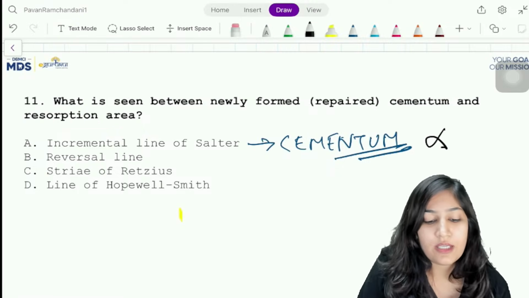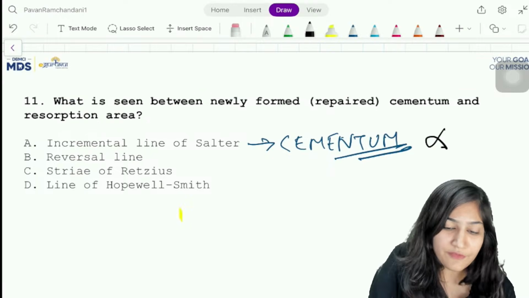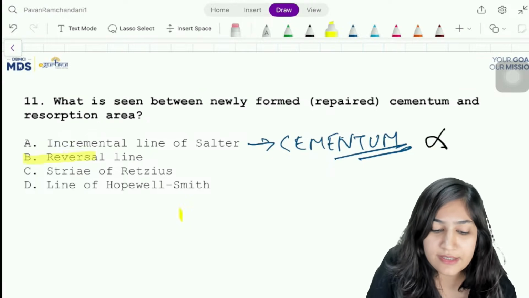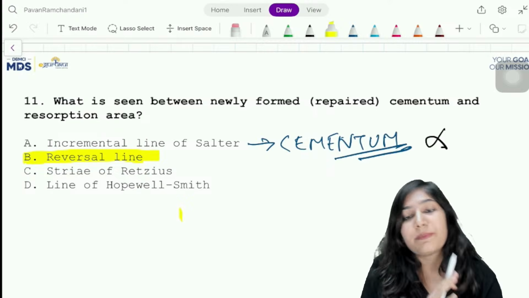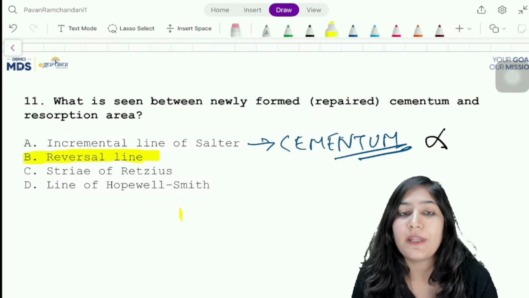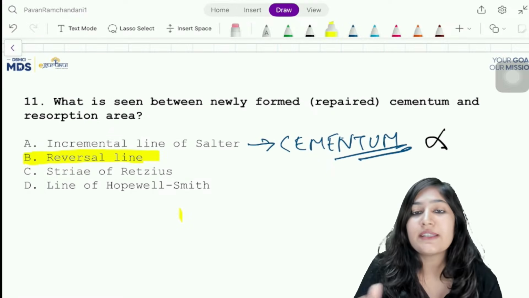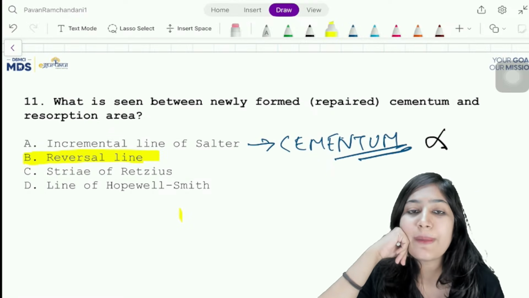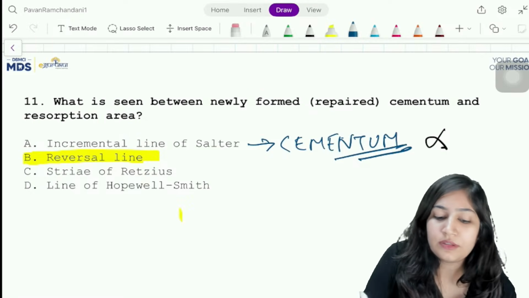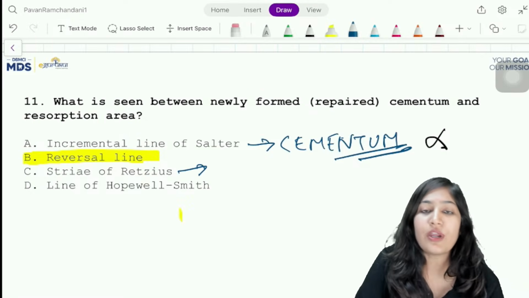Right? Coming to reversal line. Reversal line is the correct answer here. It is a line that is present between the resorbed area and where new cementum is being deposited. Striae of Retzius. What are striae of Retzius?